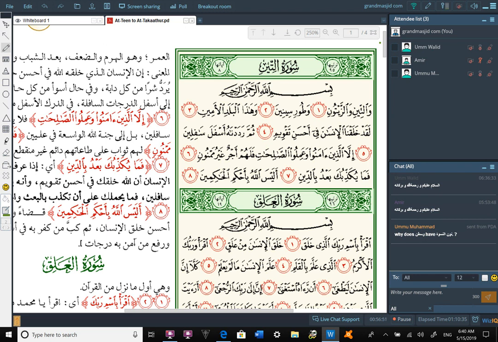So why does Wasatna have a noon in this one? Because of the horses. The horses here, Al-Adiyat, Al-Muriyat, Al-Mughirat, they are feminine. So Allah referred to them with the Nun and Niswa.